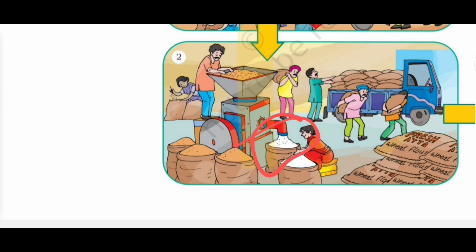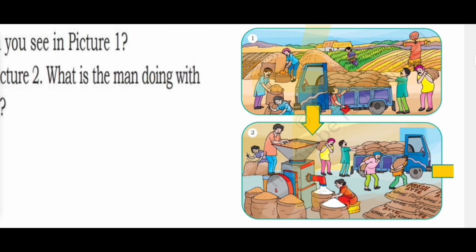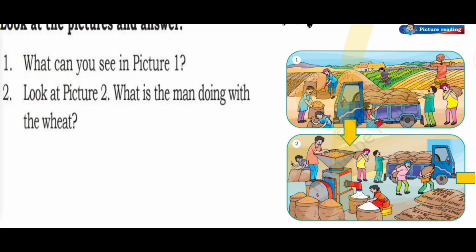See, it is also written over here: Fresh atta, wheat flour. So this is what we saw in picture 2. And there's another question in picture 2. What is the man doing with the wheat? He is putting it inside the milling machine to extract what? To extract the flour out of it. Did we finish this?